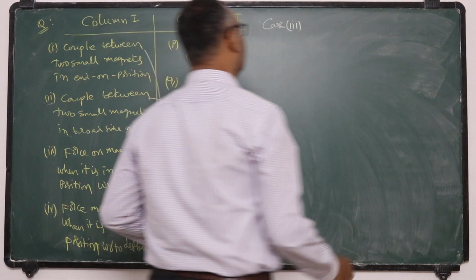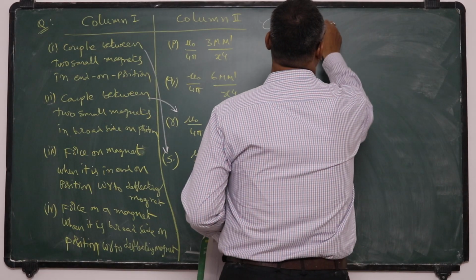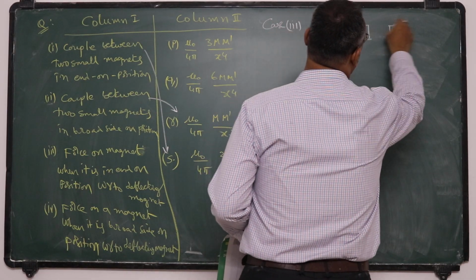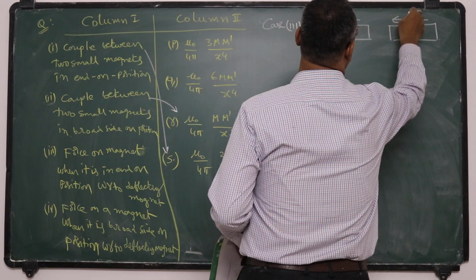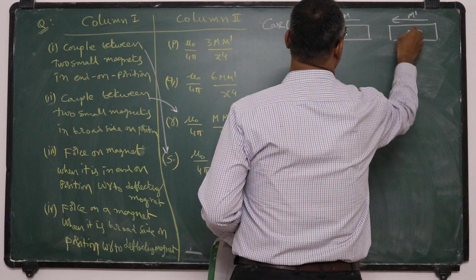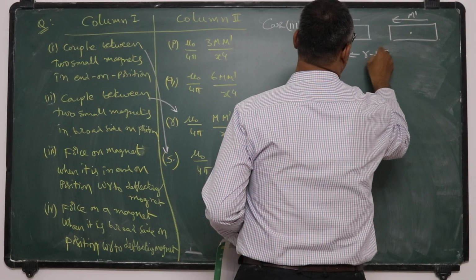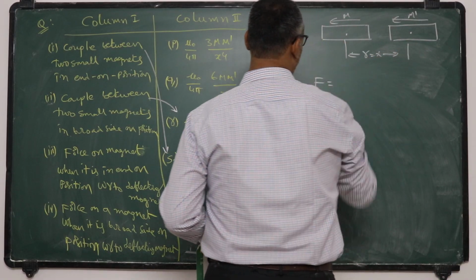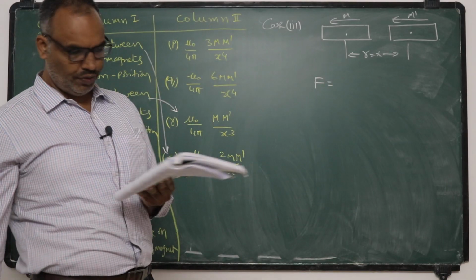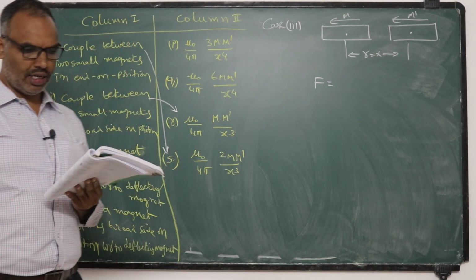First magnet is like this, second magnet is like this. Its magnetic moment is m, its magnetic moment is m dash. Distance between them, you can take r or x, anything you can take. We need to calculate the force.